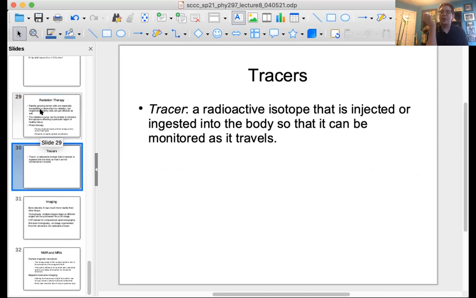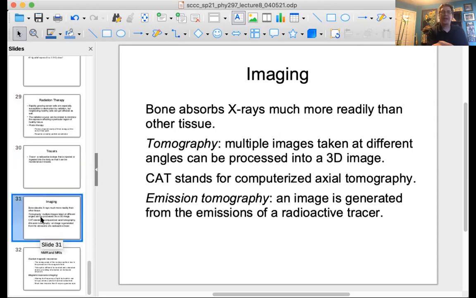Obviously they're not going to ask you to ingest a dangerous amount of radioactive material, but rather an amount that you can monitor, so they can see if there's any blockage somewhere, for example. If it's moving more smoothly in one place, but less smoothly in another place, is there some sort of blockage or obstruction that needs to be dealt with? And so that's what a tracer is.